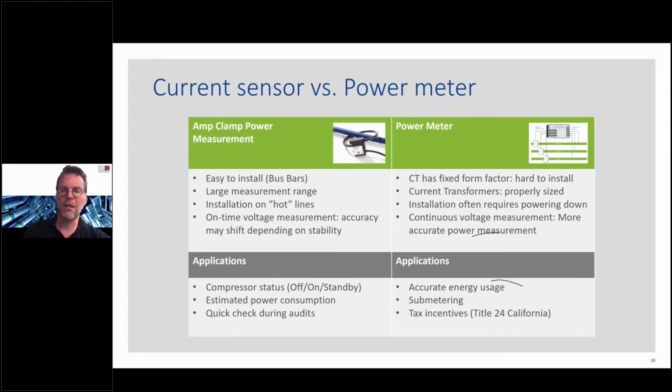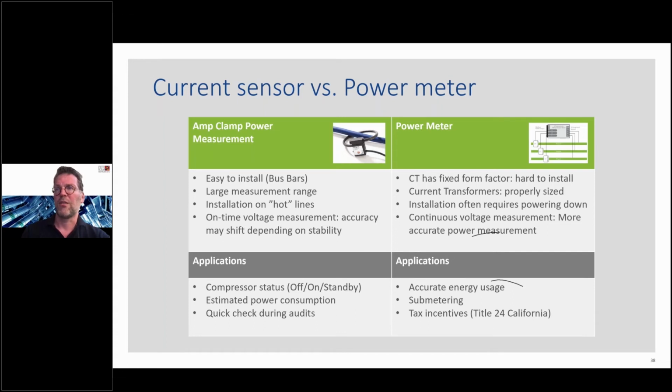Then the three-phase power meter is more accurate, but the downside is that the CT has a fixed form factor, so it's sometimes harder to install, and the CTs need to be properly sized to fit on those power cables. In some cases, it requires powering down the system to install these safely.